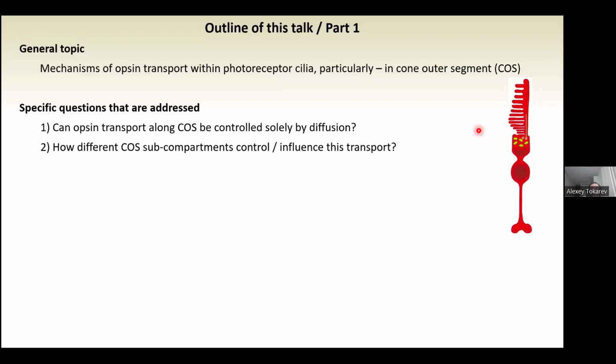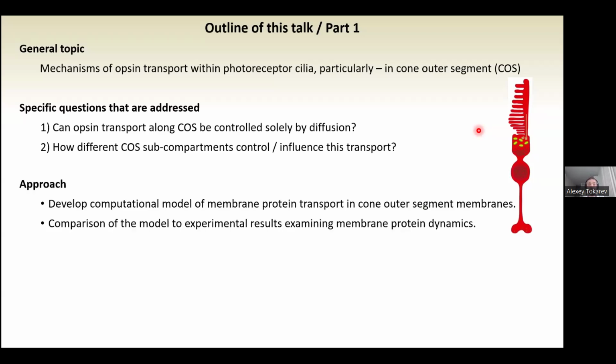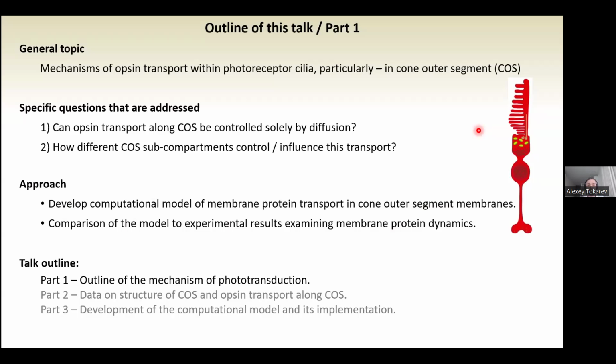My talk will consist of three parts. First of all, I will talk about the general mechanism of phototransduction, just for your interest, because everyone is interested in how it functions.